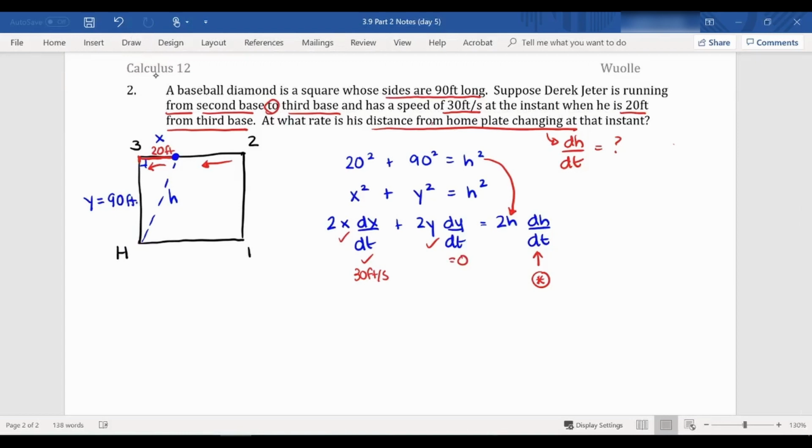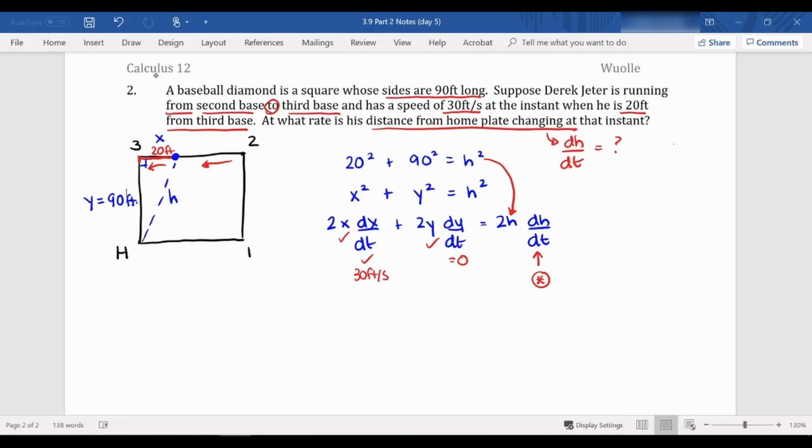And this will often happen, not on the car questions so much, but usually one of these is a speed of one car and one is a speed of another. But in this question, the previous question, we have some fixed value that is not changing, making the rate of change of that side of the triangle 0. So for us, third and home plate are not getting any closer together or any farther apart.